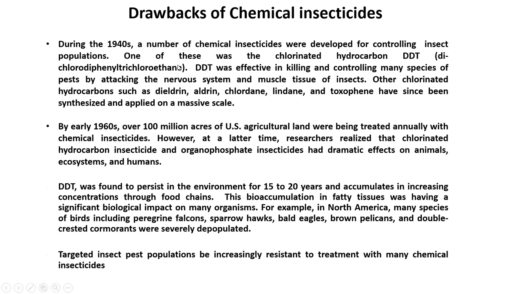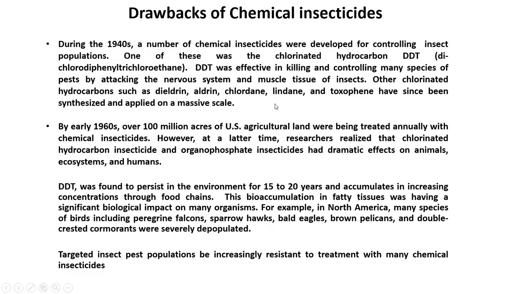During the 1940s, a number of chemical insecticides were developed for controlling insect populations. One of these was the chlorinated hydrocarbon DDT, dichloro-diphenyl trichloroethane. DDT was very effective when it was discovered in 1940, in killing and controlling many species of insect pests by attacking the nervous system and the muscle tissue of the insect. So this was the mechanism of its action.